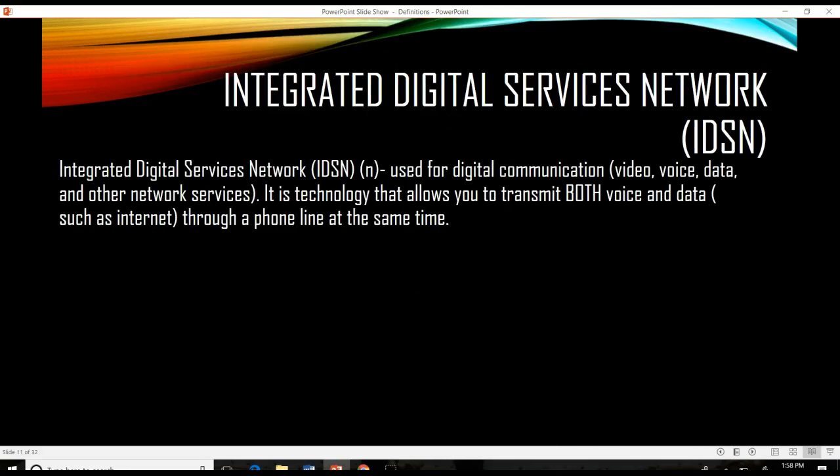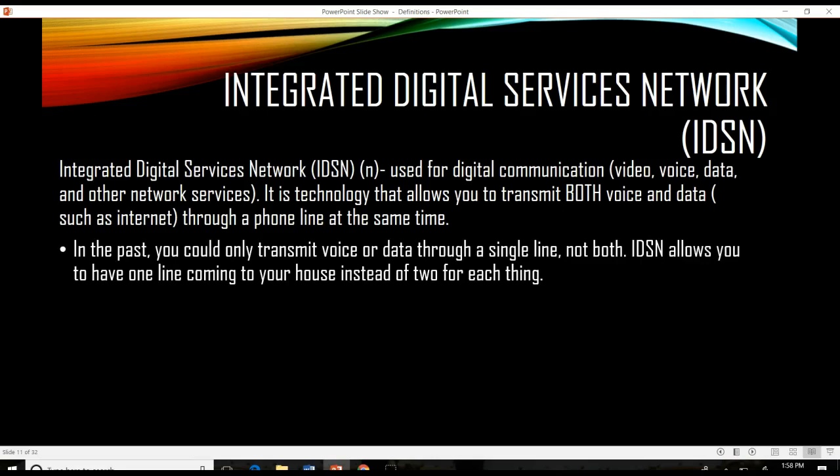Then we have Integrated Digital Services Network, IDSN. Integrated Digital Services Network is used for the digital communication, video, voice, data, and other network services. It is the technology that allows you to transmit both voice and data like the internet, through a phone line at the same time. So, in the past, you could only transmit voice or data through a single line, not both.